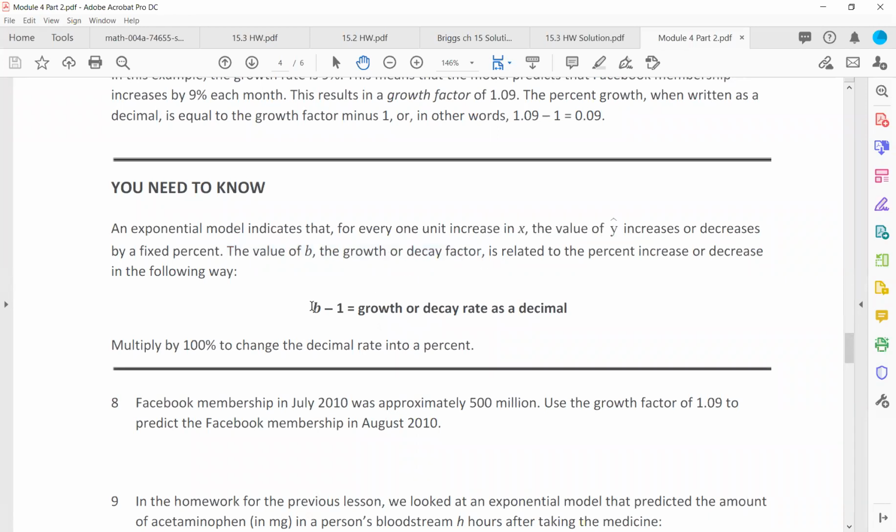You take your B minus 1, so we are subtracting 1 from B, and we define the growth rate or decay rate as a decimal. By multiplying that by 100%, we can represent that as a percent.